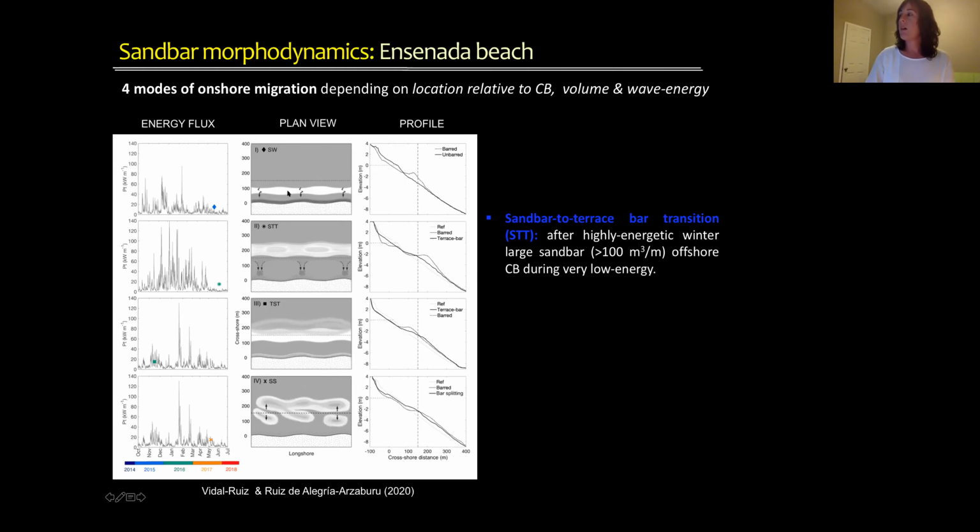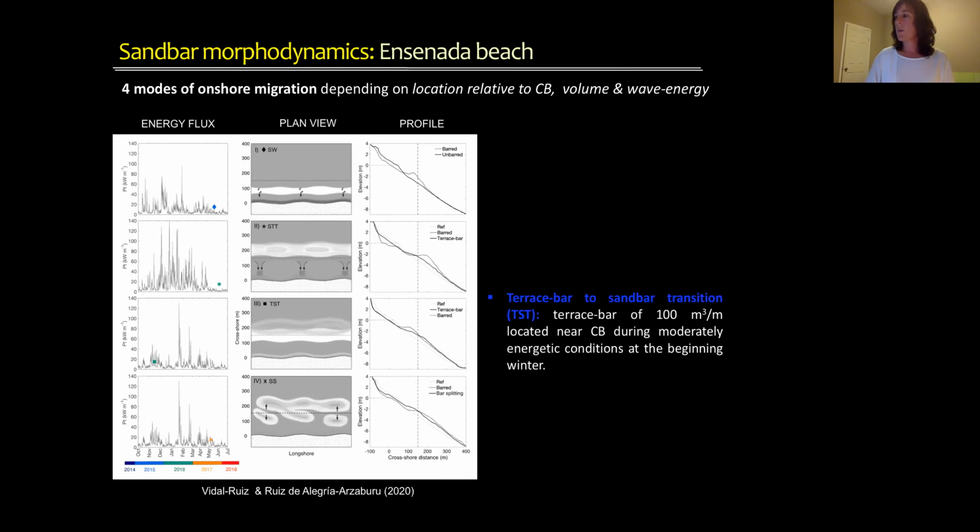If the winter was highly energetic, the sandbar could cross the cross-shore boundary, and so the large sandbar would become a terrace bar during the calm wave conditions, when very low energy conditions remained.